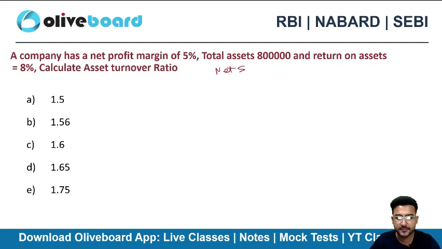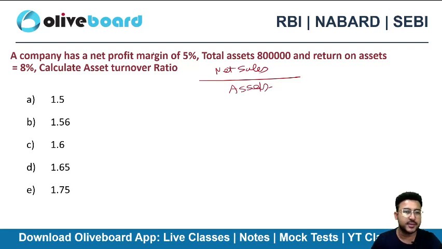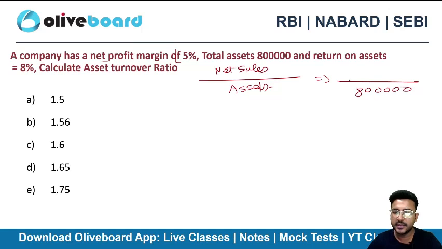Net sales divided by your assets. So here in the question, they have given us the net profit margin of 5%. They have also given us the total assets. So can I say that one aspect is sorted? I already have assets 8 lakhs. I just need total net sales, right? Return on asset, they have given 8%, and I need to calculate the asset turnover ratio.